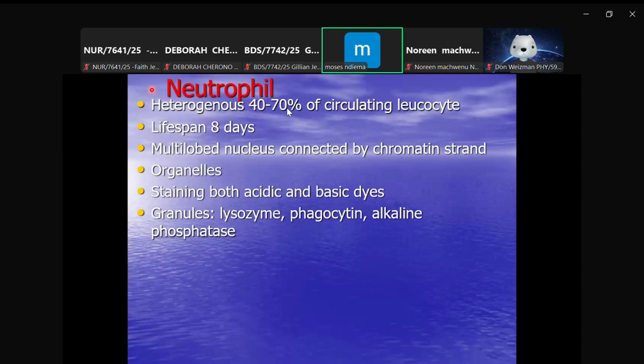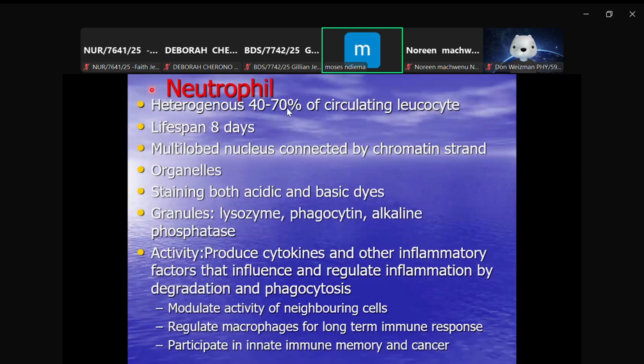They are the first line of defense. When there's an injury anywhere, neutrophils are among the first cells that arrive in that area to fight the injury, to fight the infection, to remove the debris. And within the loose connective tissue, we have some of these cells in circulation, moving within the connective tissue as surveillance cells, apart from the other cells.